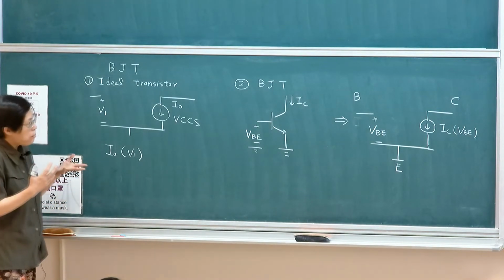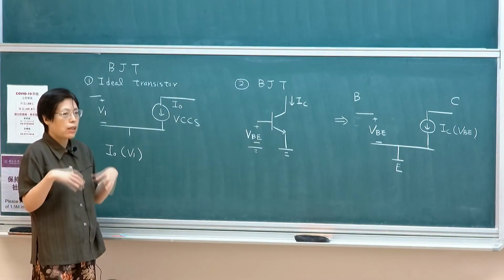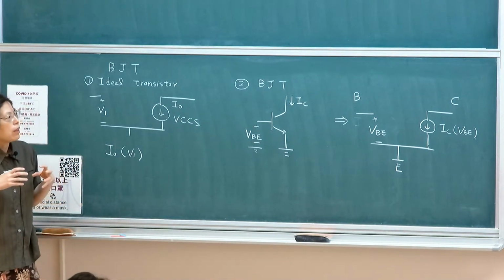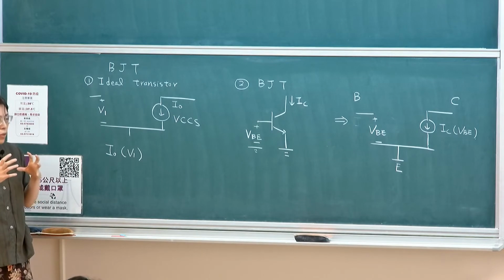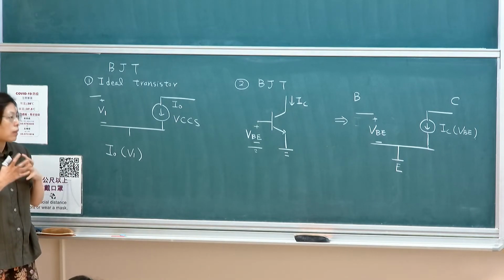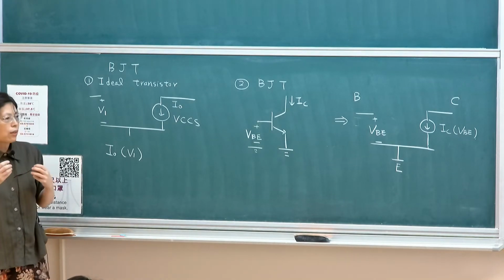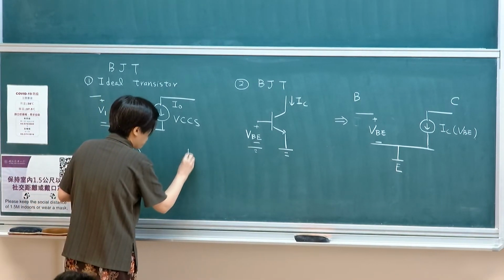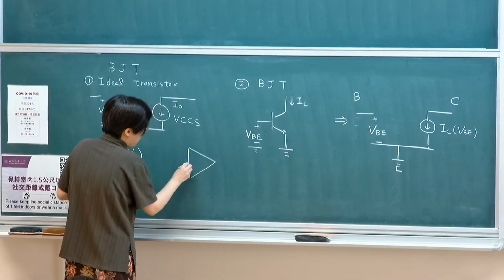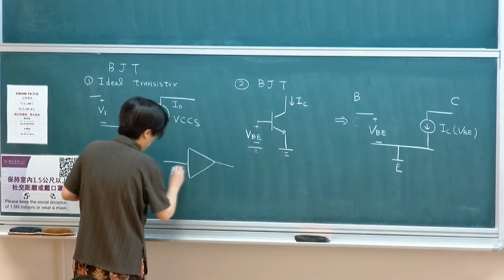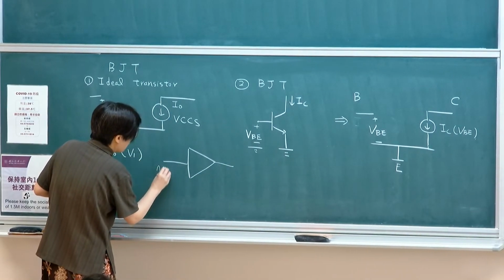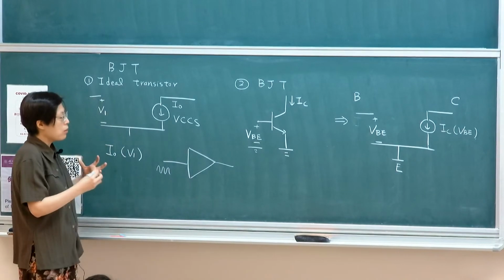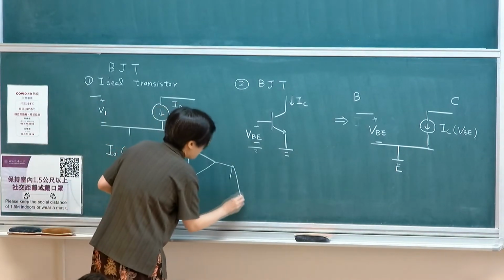But for amplification purposes, which this class will focus on more, you want a transistor to allow you to process the signal. Let's think about an amplifier. You have a small signal. If I'm talking, I want my signal to be amplified.